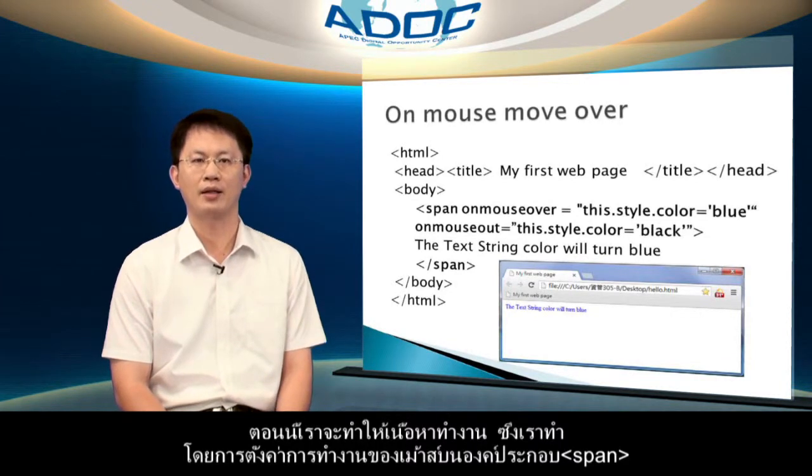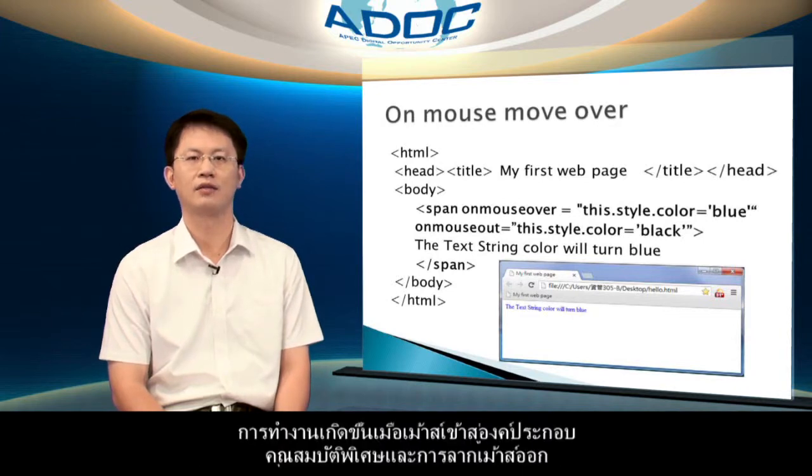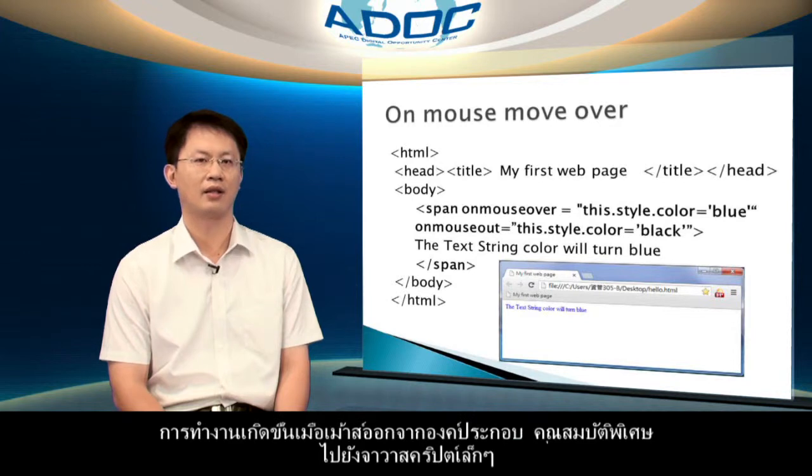Now we will make that text active, which we do by setting the span element's onmouseover, active when the mouse enters the element, attribute, and onmouseout, active when the mouse leaves the element, attribute. Then a little JavaScript.